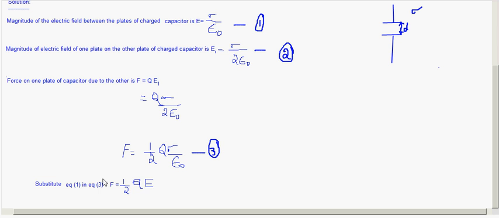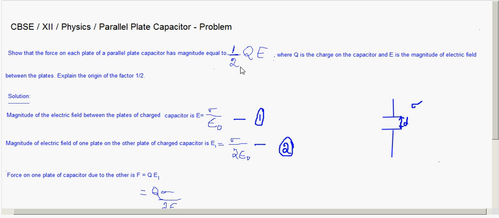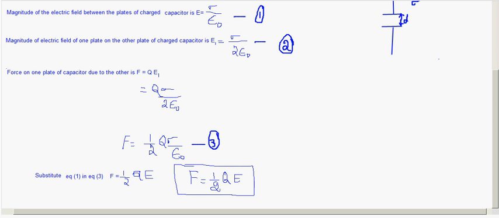The force on one plate F is half QE, where Q is the charge and E is the electric field between the plates. The question was to derive this equation, and we have derived F is half QE. Then explain the origin of factor half.